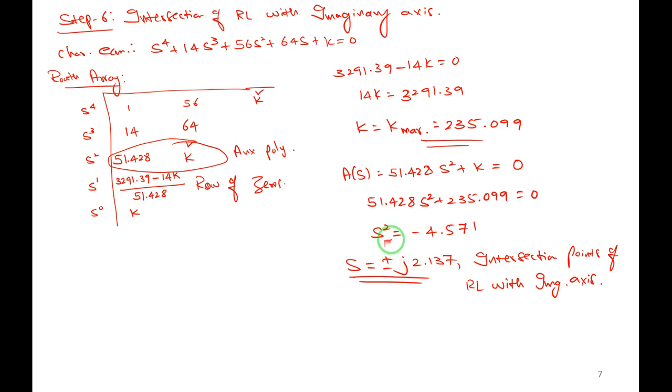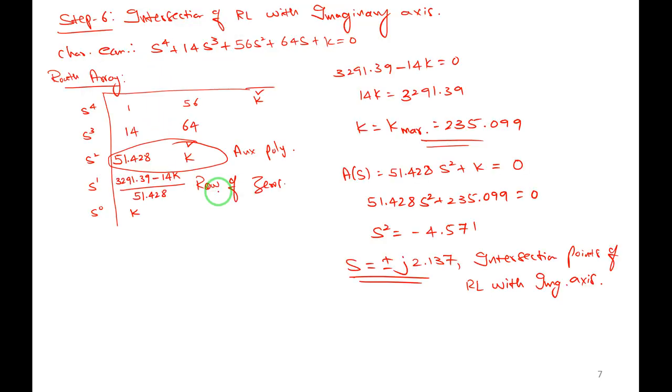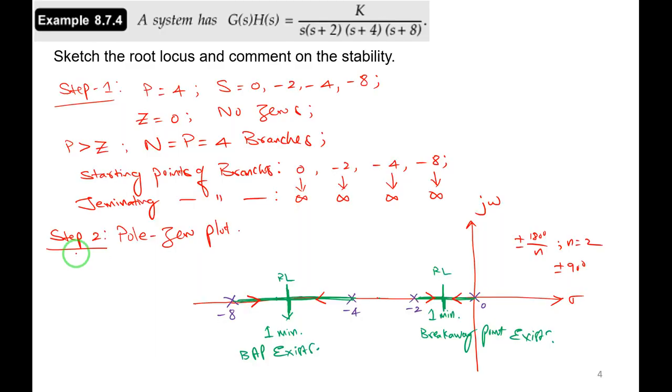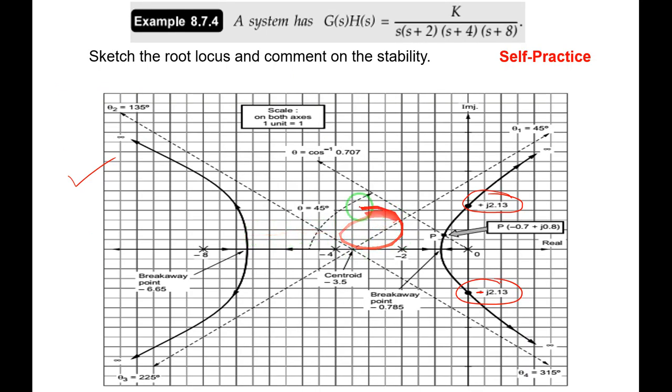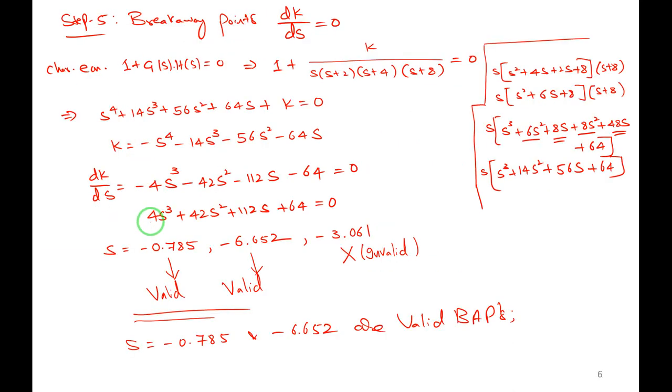Then step 7. What is step 7? Can anyone help me out? I don't have one more slide here to accommodate and write, but okay, no problem. Step 7: no complex conjugate poles or zeros.